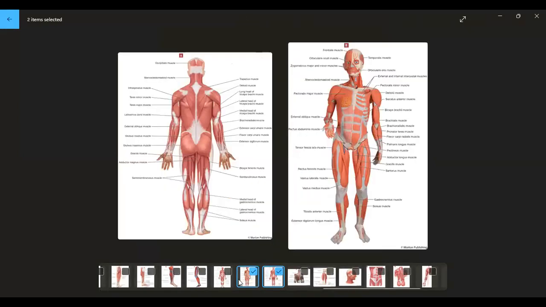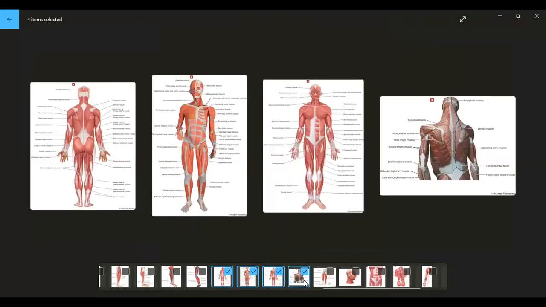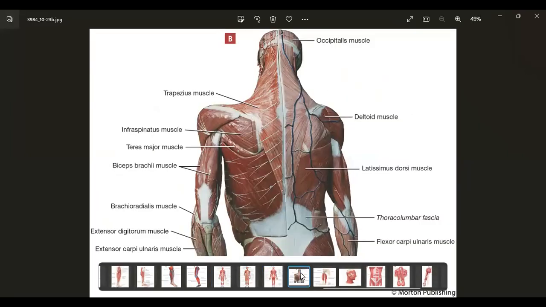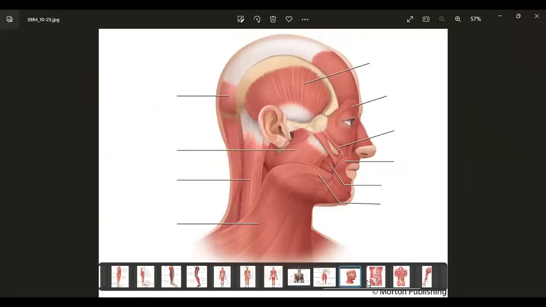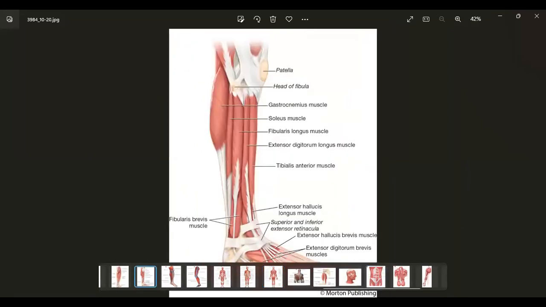Let's see. Hold on a second. See if I can find it. The last muscle we have is the splenius capitis, and I don't see a good muscle reflected of this. I'm going to keep looking. I will tell you where it is without being able to show it to you on here.